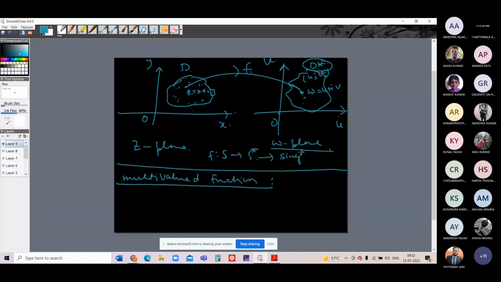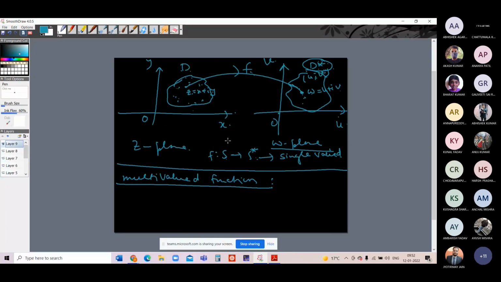Actually this is just a function; single valued means function. But if the image of every z in this S does not have a unique image in S star, and we get more than one value, that is, the values of f(z) are not a unique w but several values, then it is different.